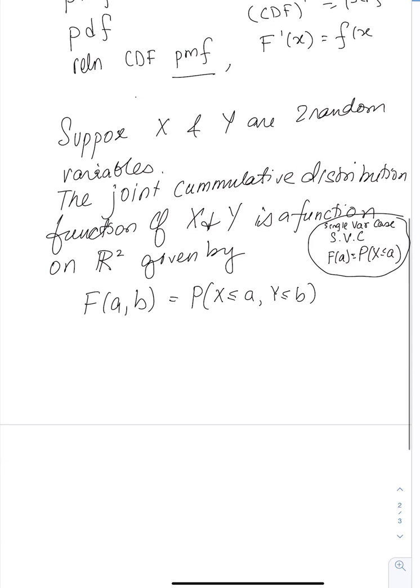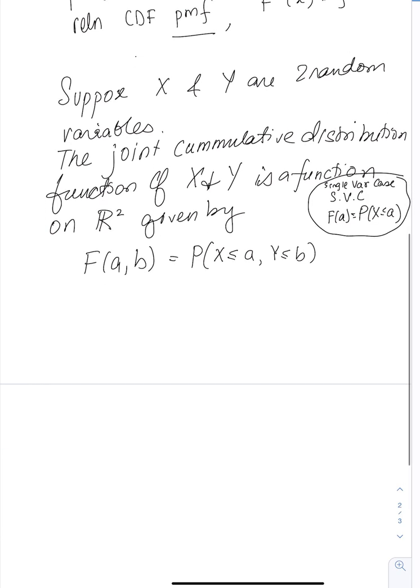Okay? And you can use this to find more general probabilities. For example, if you want the probability that X is bigger than a1 and less than or equal to a2, intersect Y is bigger than b1 and less than or equal to b2, how do you find this?